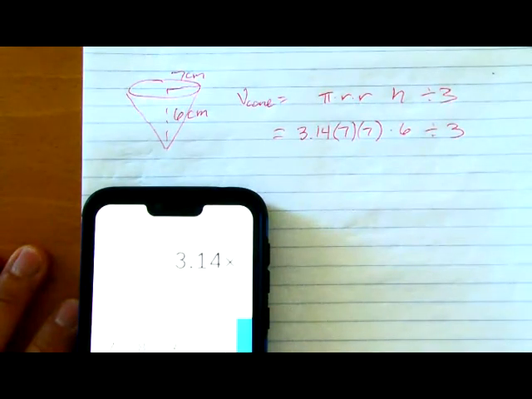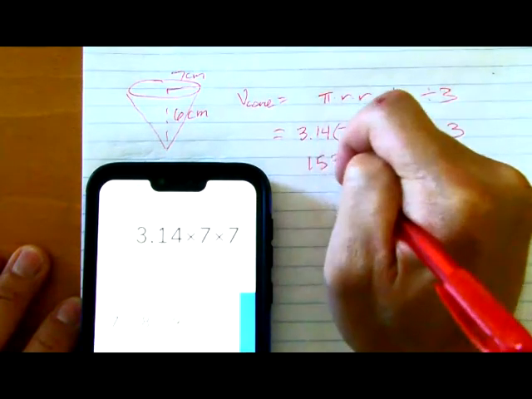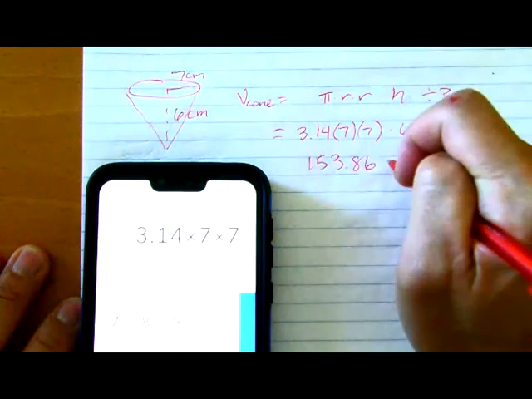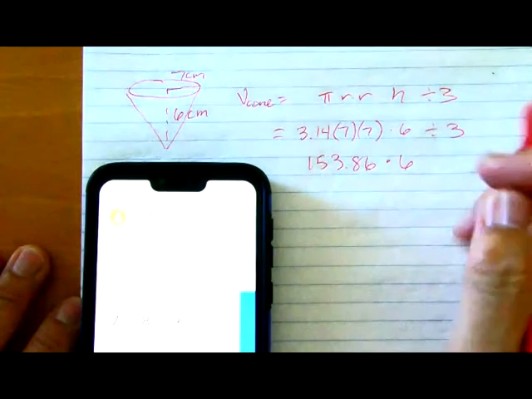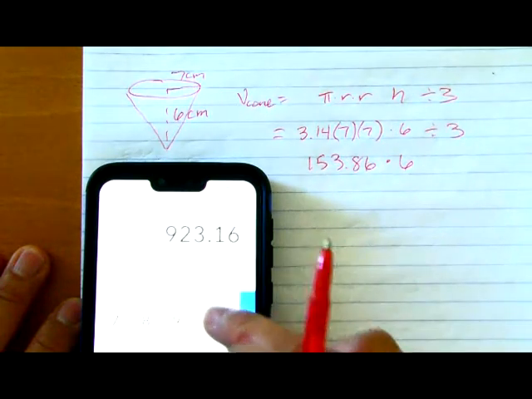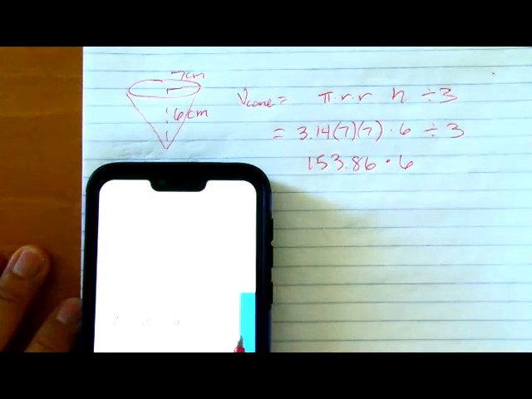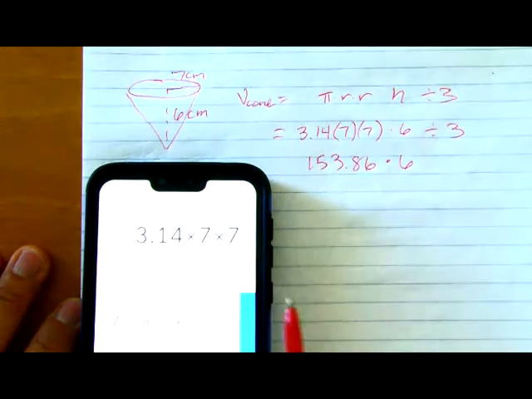So 3.14 times 7 times 7. That's 153.86 times 6. Okay, so we have 3.14 times 7 times 7 is 153.86 times 6.